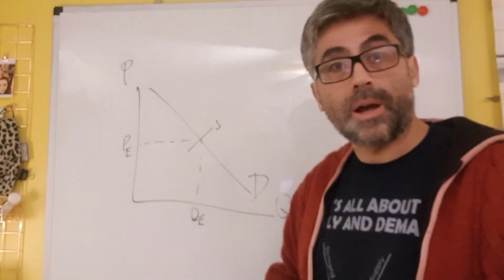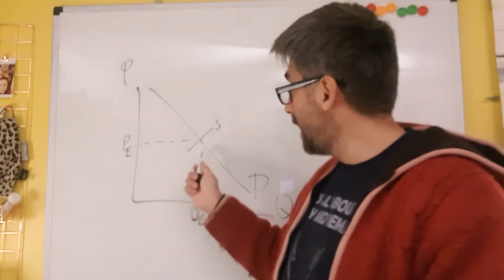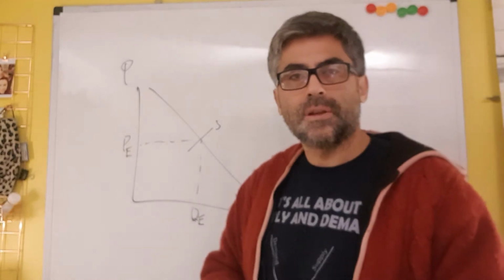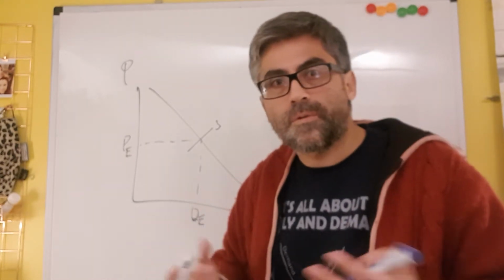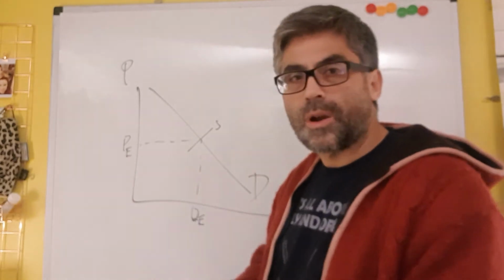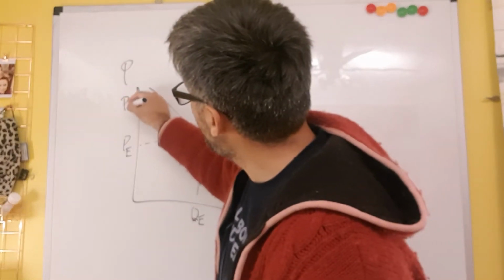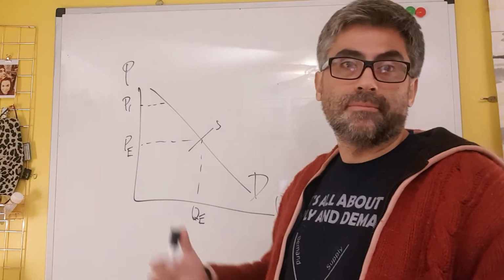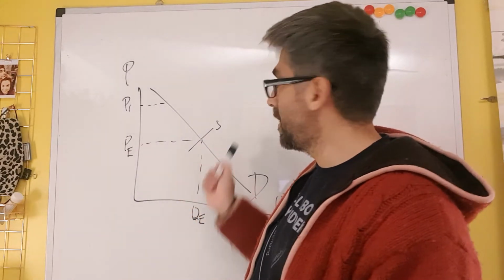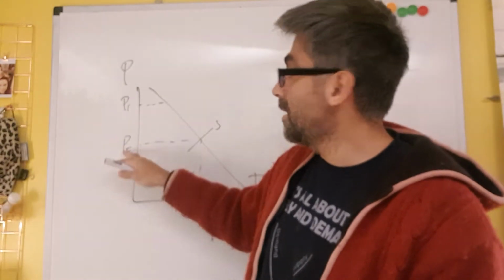So if I'm willing to buy a product, I will buy it at that equilibrium price. However, maybe I am willing to pay more for it. Maybe instead of paying the equilibrium price, I was willing to pay price one up here, a higher price. But in the market where demand and supply meet, I'll end up paying a lower price.